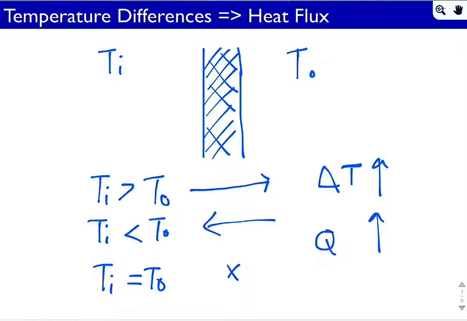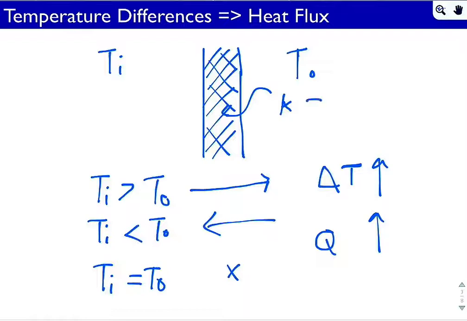Well, one could be the properties of the wall. As I mentioned before, we can fill this wall with different materials. It could be metal or foam, and let's consider those two cases, such that we can assign a property to this material, which we're going to call K, which is known as the thermal conductivity of that material.